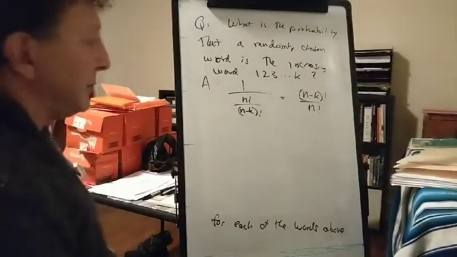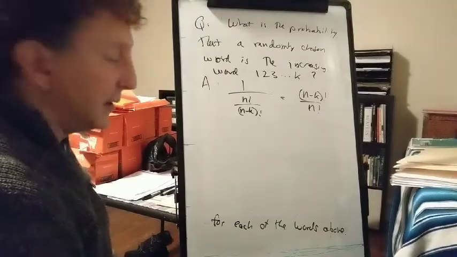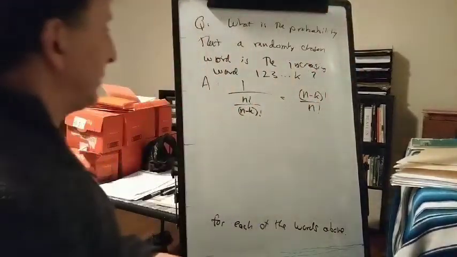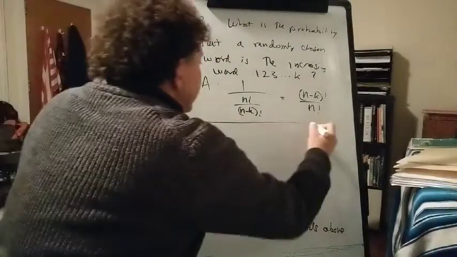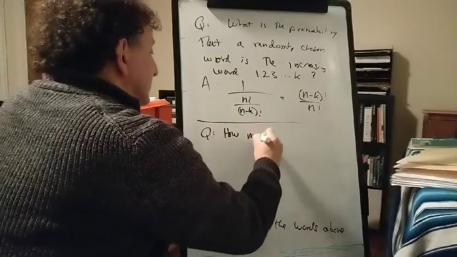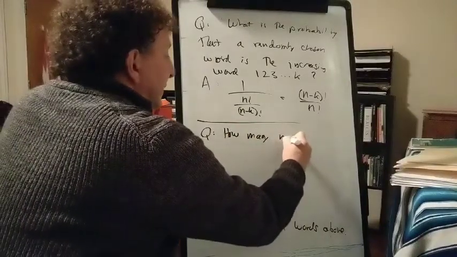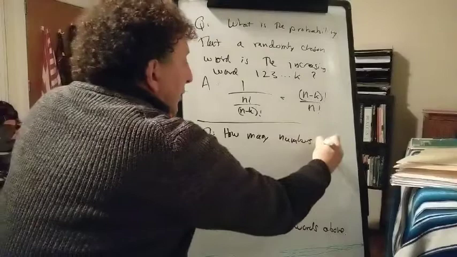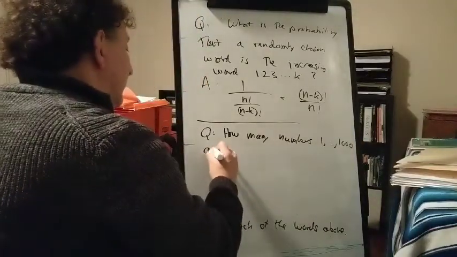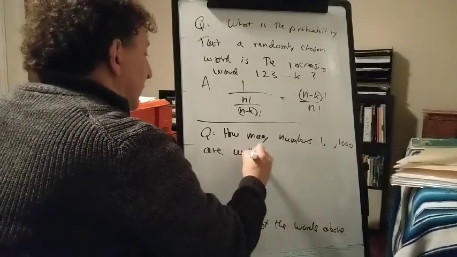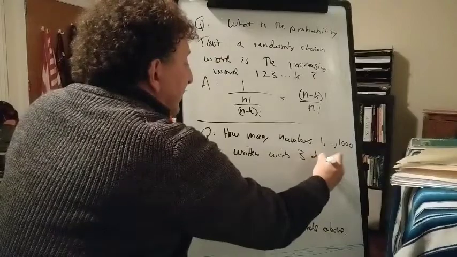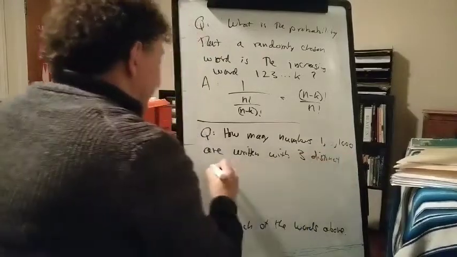All right, now let me do a related problem. It's maybe a little bit more complicated. So let's ask how many numbers 1 through 1,000 are written with 3 distinct digits.